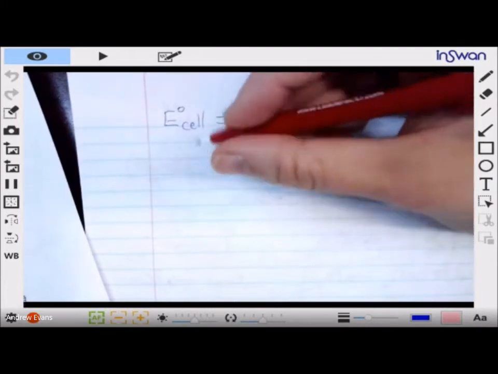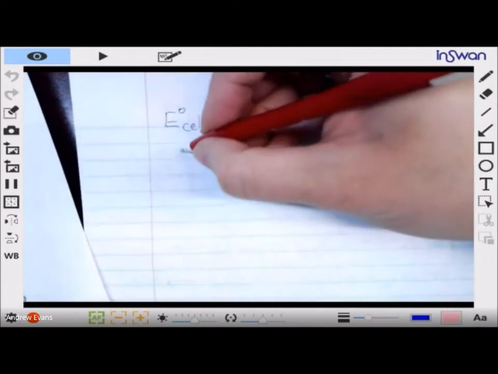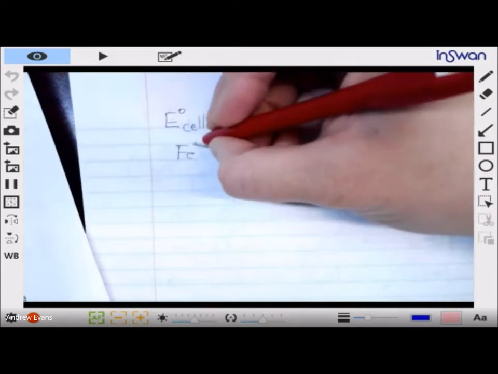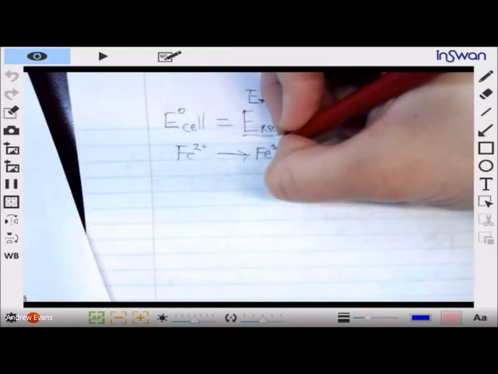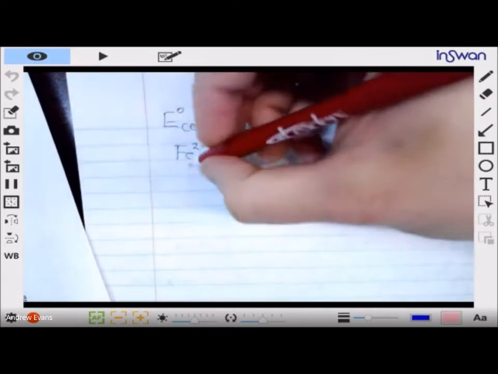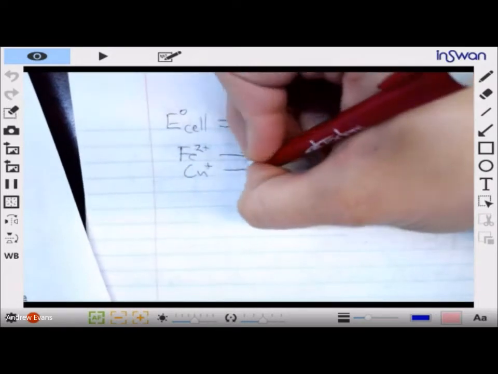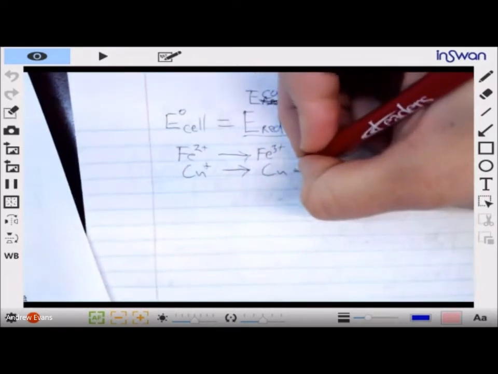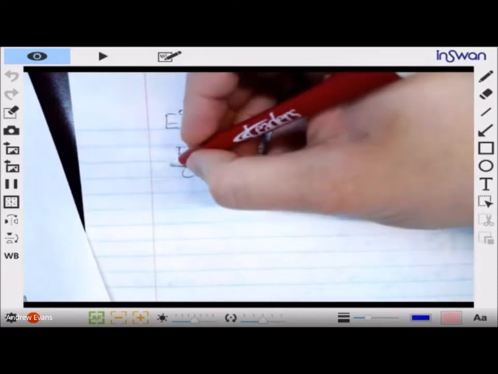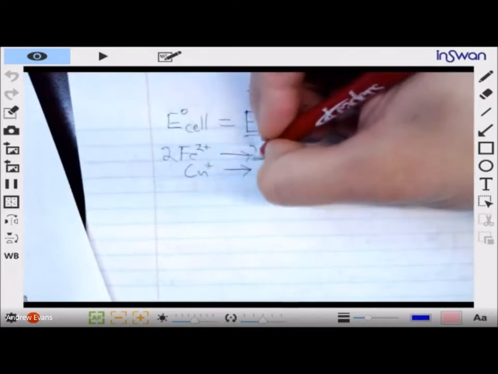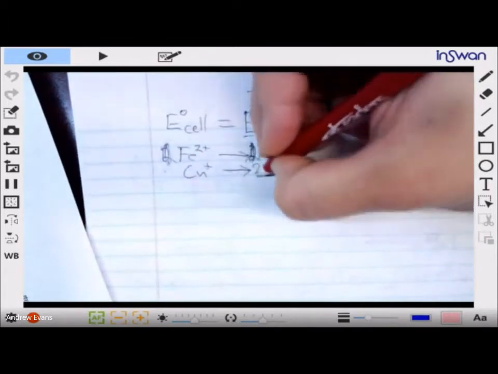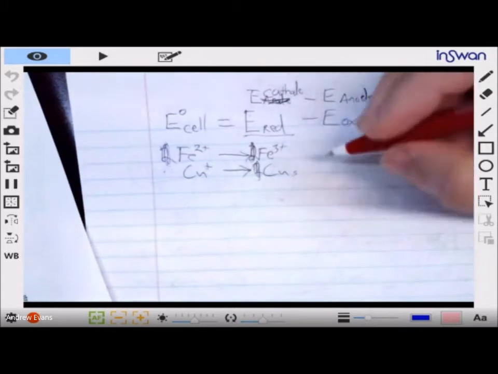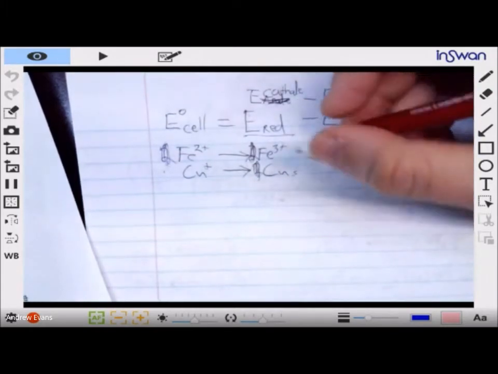So hypothetically, let's do the equation Fe2+ goes to Fe3+, and Cu+ goes to Cu solid. Looking at this, I'd look at my table and find Fe2+ to Fe3+.